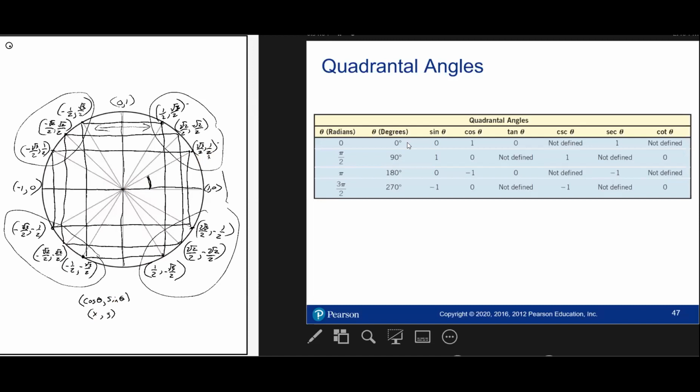And if I'm talking about 60 degrees, which is there, then the cosine of 60 degrees is 1/2, and the sine of 60 degrees is the square root of 3/2.